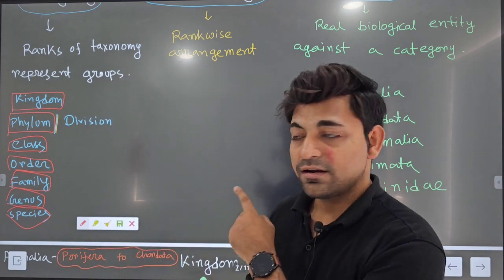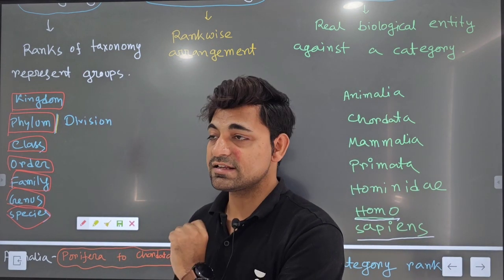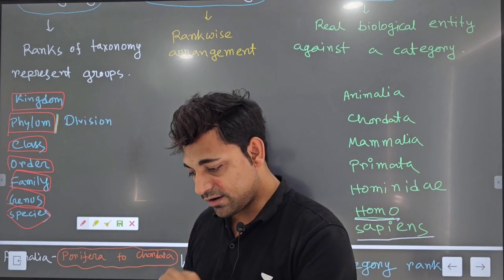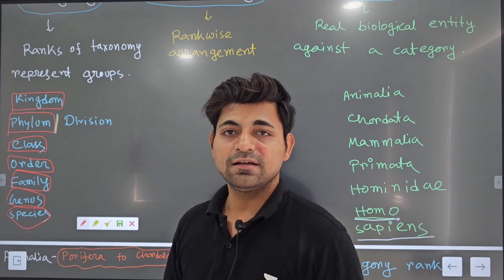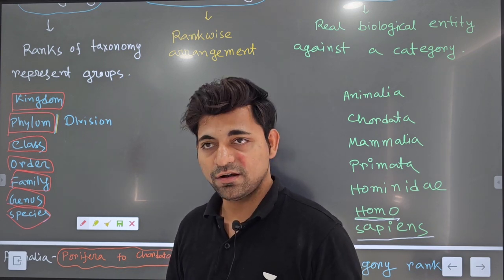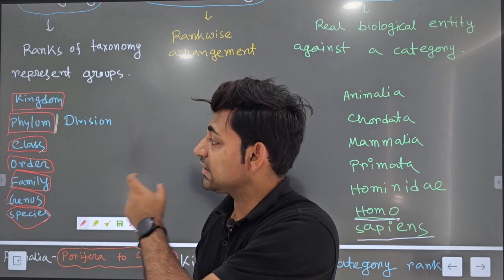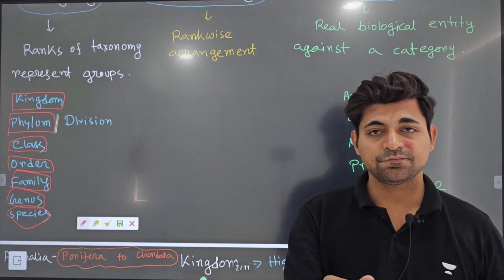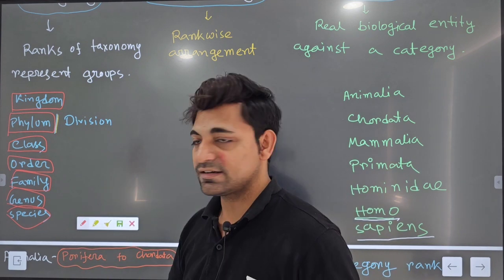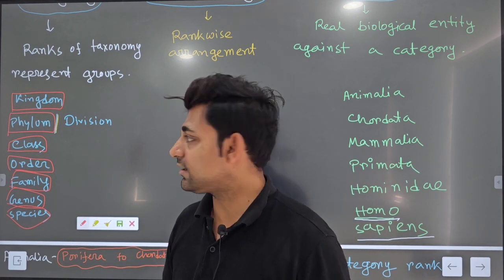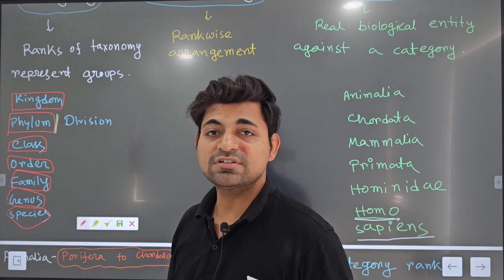These are called definitive categories. There are also some intermediate or indefinite categories, while these are the definitive or obligatory categories. When you are classifying an organism, you must use these categories. Some intermediate categories are there, like below kingdom you can use subkingdom.